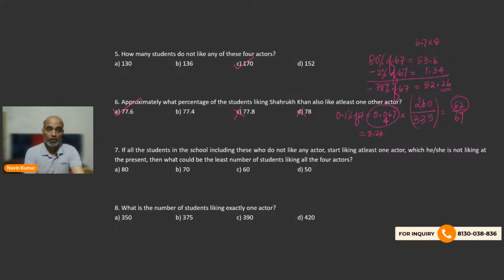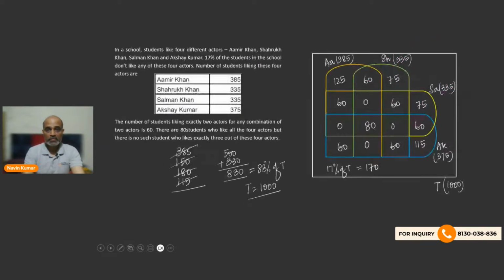Okay, next. If all the students in the school, including those who do not like any actor, start liking at least one actor, which she is not liking at the present, then what could be the least number of students liking all the 4 actors? So basically the question is, if we have these 170 people, let's start from here, they do not like any of the actors.